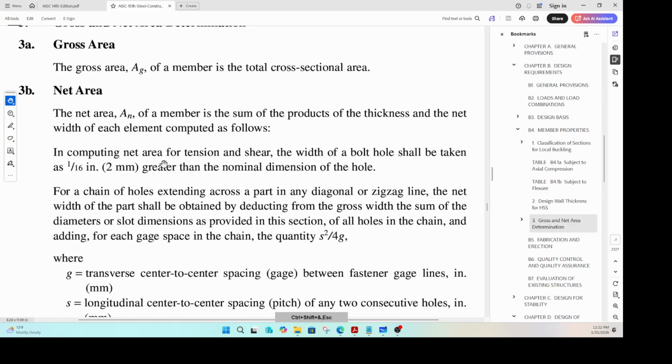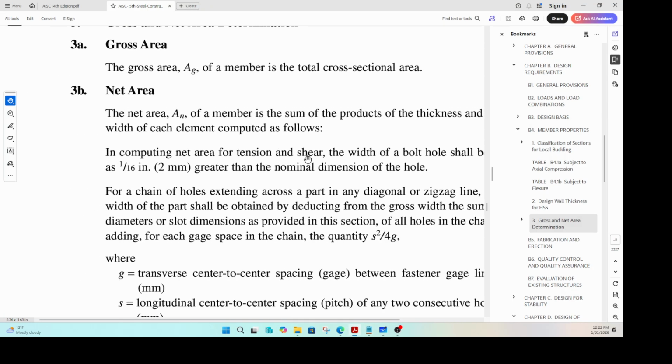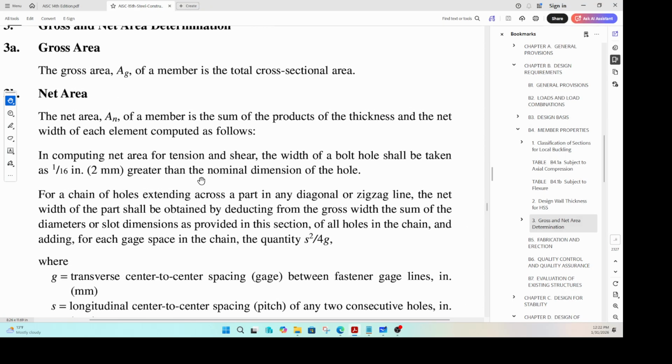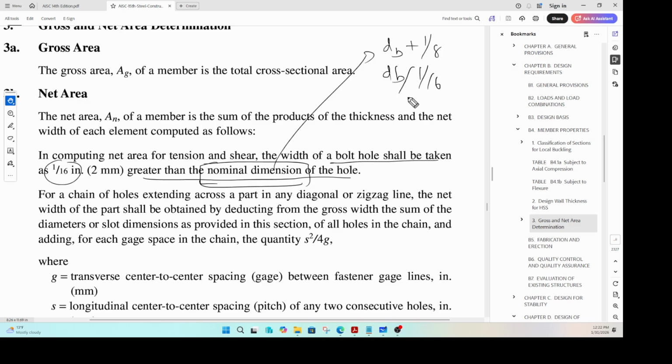In computing the net area for tension and shear, the width of the bolt hole shall be taken as 1/16 greater than the nominal dimension of the hole. But the nominal dimension of the hole itself is d bolt plus 1 by 8 in some cases, d bolt plus 1 by 16 in some cases.